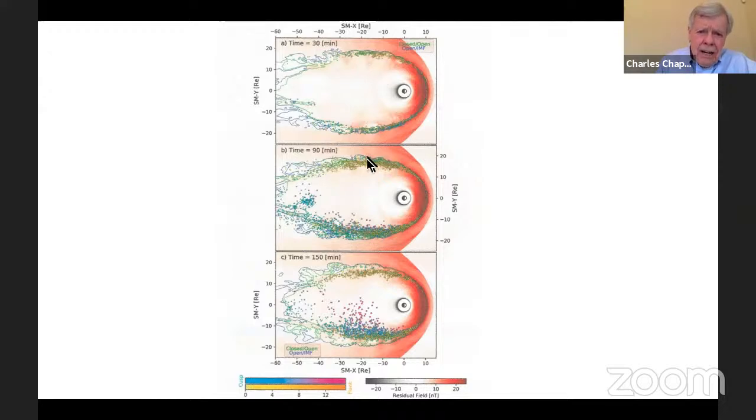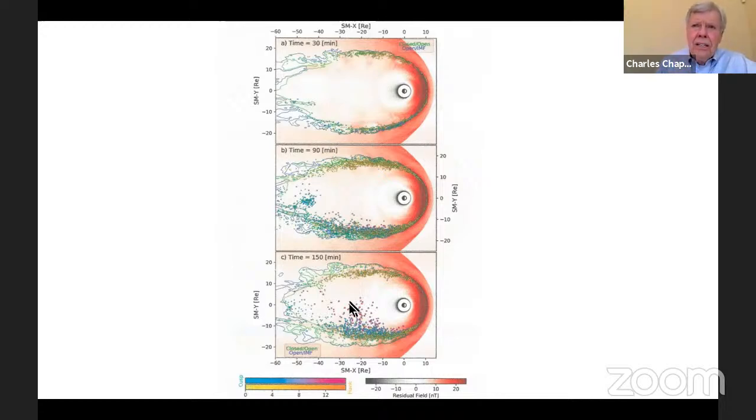This is an hour and a half to begin to have some penetration toward the center. These are solar wind H+, some penetration toward the center. And this is 2.5 hours before the particles that started out here at the bow shock begin to get toward the center of the plasma sheet in the 20 to 30 RE region.